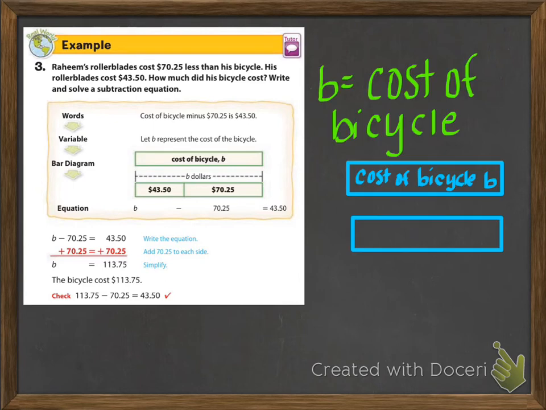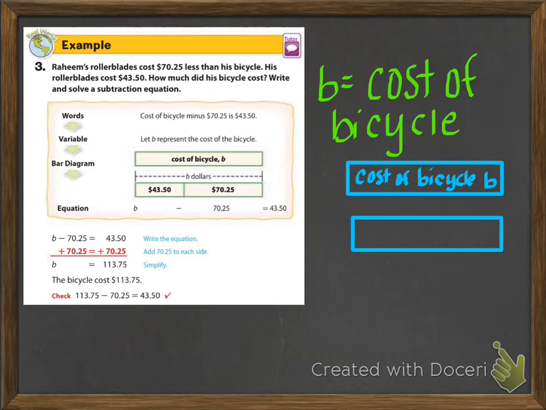Okay, so as you can see, I went ahead and defined the variable, which says B equals the cost of the bicycle, and then I drew my big bicycle chunk there. So that top bar is going to represent the entire cost, and then you want to think about what it said again. It said Raheem's rollerblades cost $70.25 less than the bicycle.